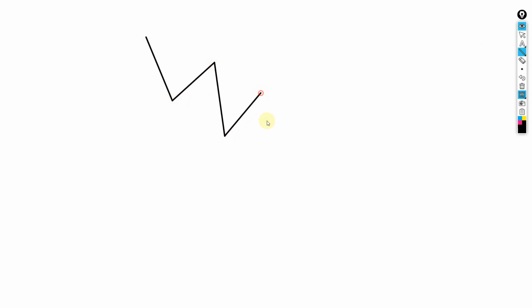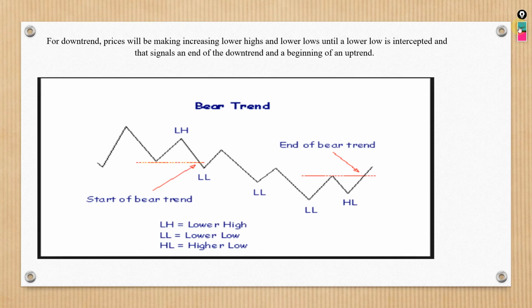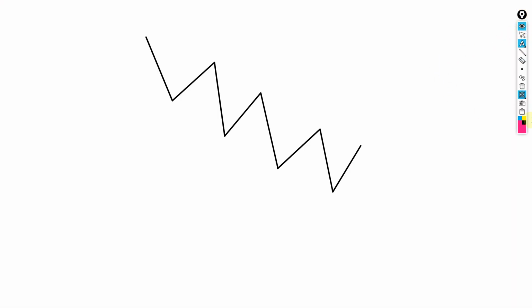This is why others would think of getting indicators and not just learning how the market works. So now, what do you think happens in a downtrend? In a downtrend, this guy says price will be making lower highs and lower lows until a lower low is intercepted, and that signals an end of a downtrend into an uptrend.